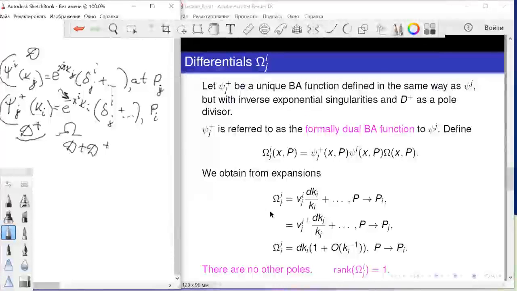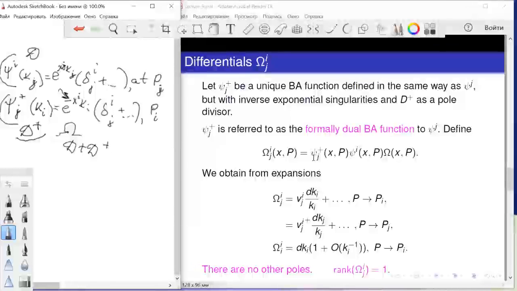Just from the definition, having these two sets of formally dual Baker-Akhiezer functions, we make from the single differential omega a matrix of differentials omega_ij, just by multiplying omega by psi_i and psi cross j.